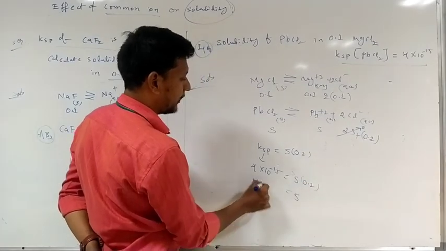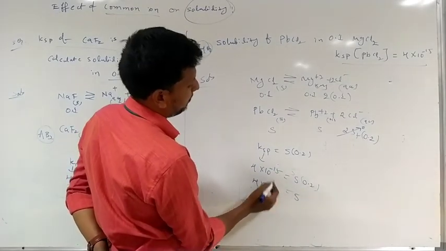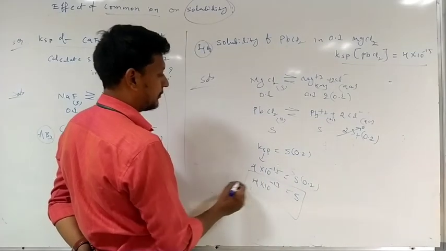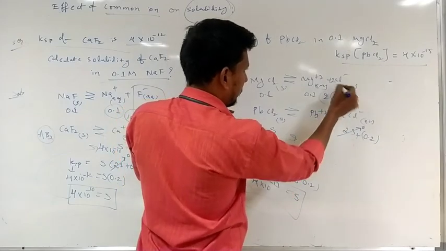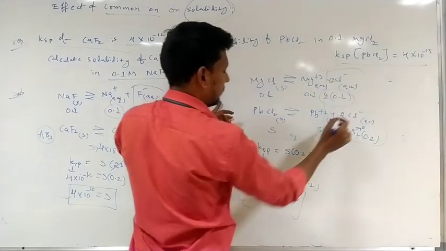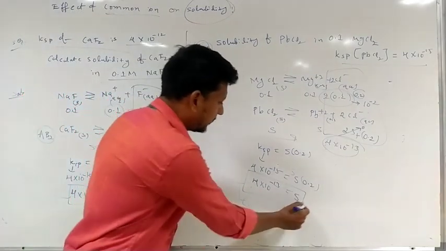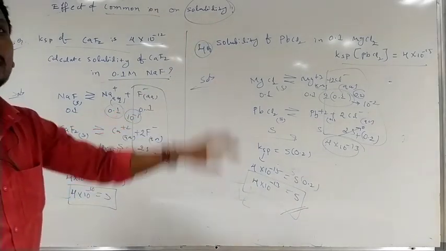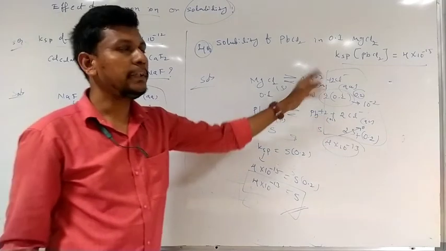S is equal to 4 into 10 to the power minus 13. You go and compare with this one. The common ion is this one, that's why you have to compare. The comparison shows a large difference, so this is the correct one. In this manner we have to solve the solubility of ions under the effect of the common ion.